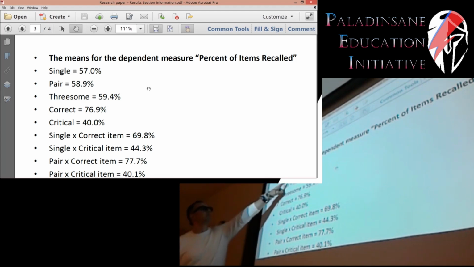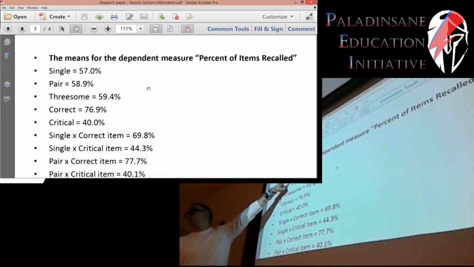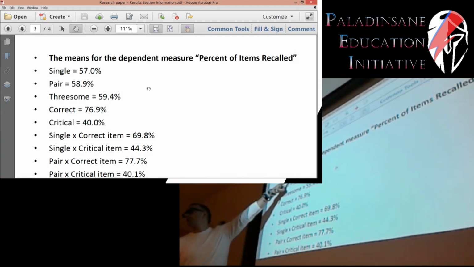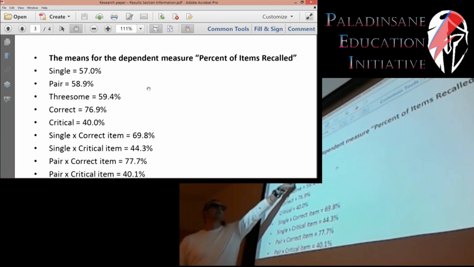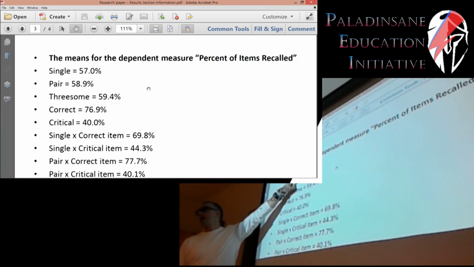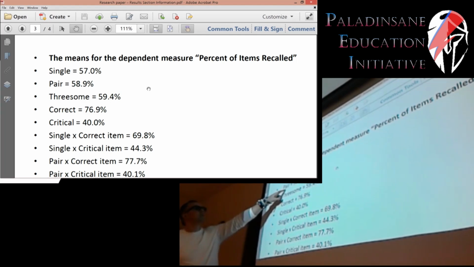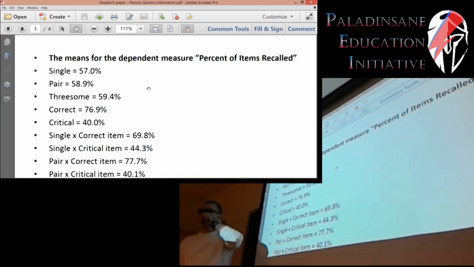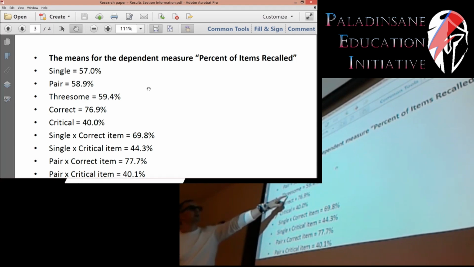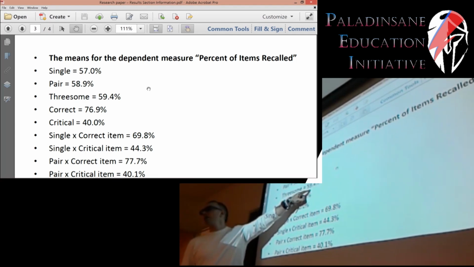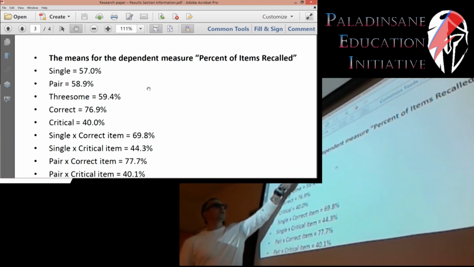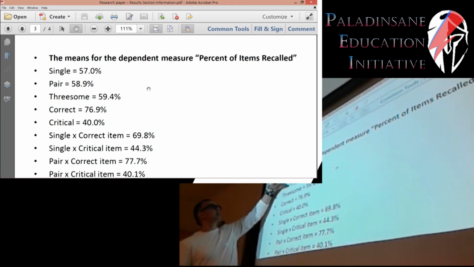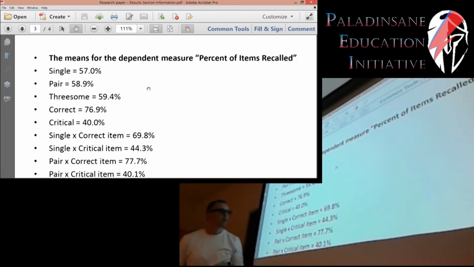So for example, singles, individuals that were completing this experiment alone, recalled 57% of the items. Pairs, people working together in groups of 2, recalled about 58.9%. Groups of 3 recalled about 59.4%. So those are the actual numbers for singles, pairs, and groups of 3.